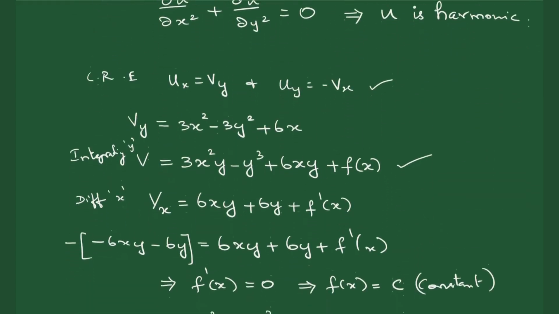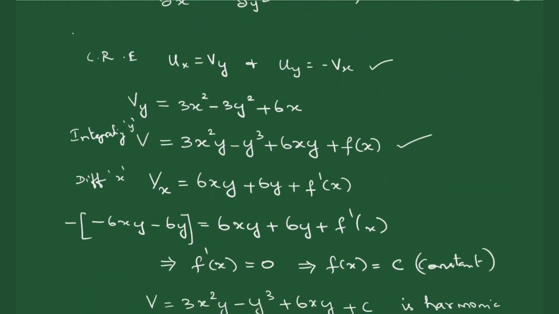The next step is to find the harmonic conjugate v. So this is the second step.